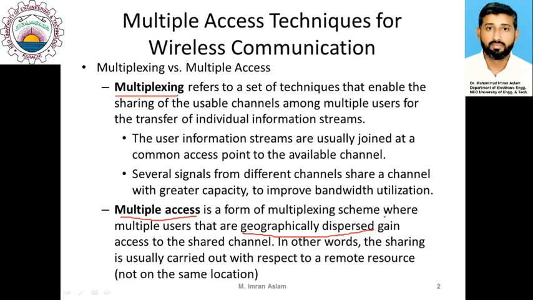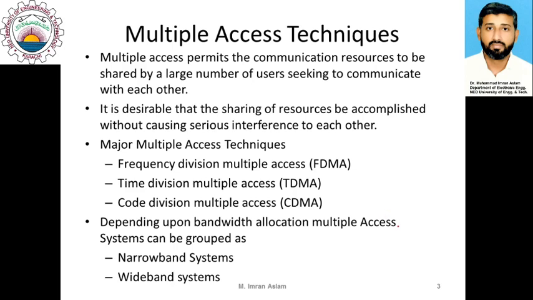So a user in multiple access is allowed to access a remote resource available at some other location in order to transmit over a channel. So multiple access permits the communication resources to be shared by a large number of users.